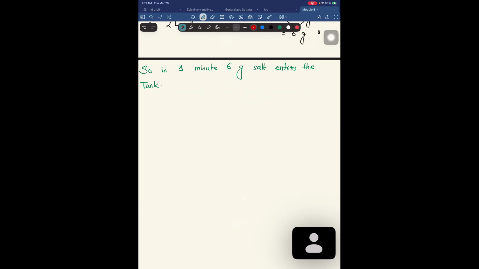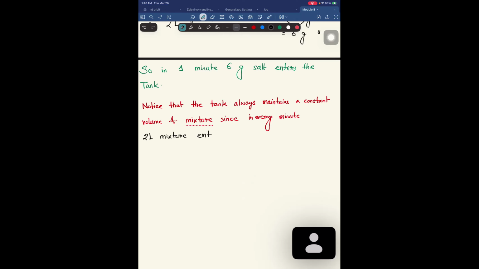So that is one more thing to observe. Notice that the tank always maintains a constant volume of mixture, since in every minute two-liter mixture enters and simultaneously 2 liter leaves.